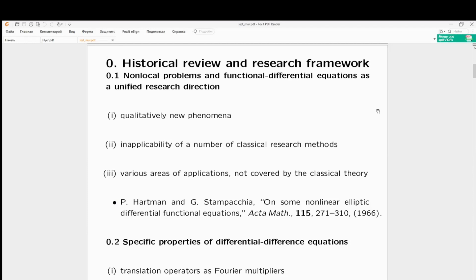More strictly, this additional term is indeed a translation operator, which is unbounded, unlike differential operators, and it is neither a compact operator nor a finite dimensional one.